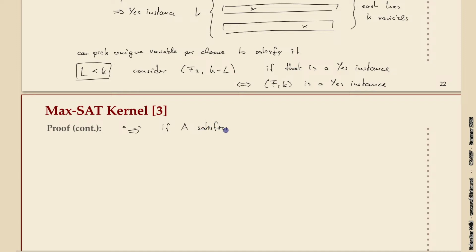If there's a satisfying assignment for k minus L clauses in Fs among the short clauses, now we're trying to extend this so that all the long clauses are satisfied. Now, each of these short clauses has to be satisfied because of some literal.